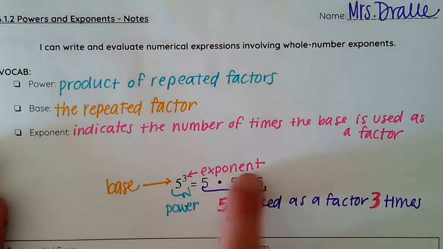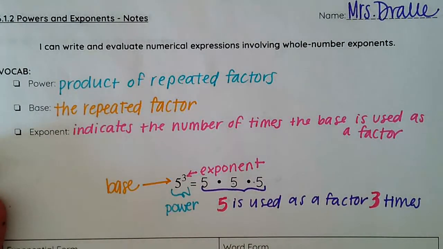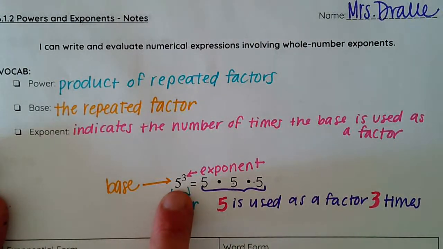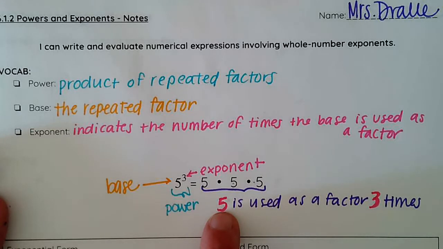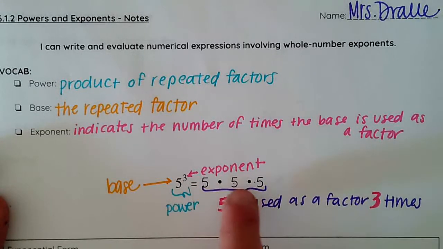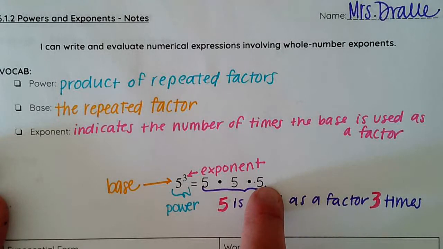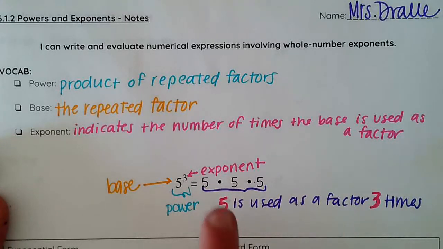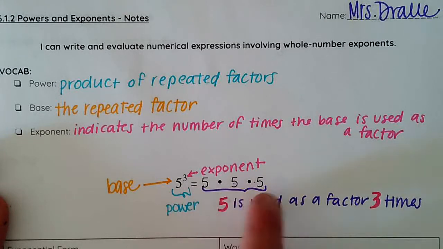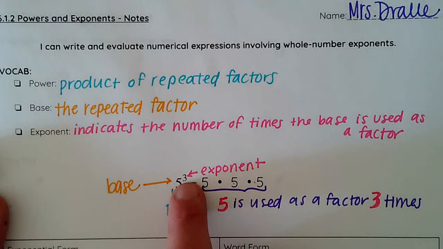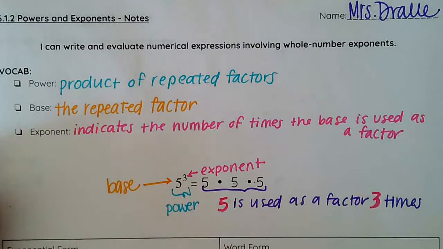This exponent here tells us how many times our base is going to be multiplied together. So in this case, our base is 5, so we multiply the 5 together 3 times. Okay, so again, your base is the one that's being multiplied, and the exponent tells you how many times to multiply.